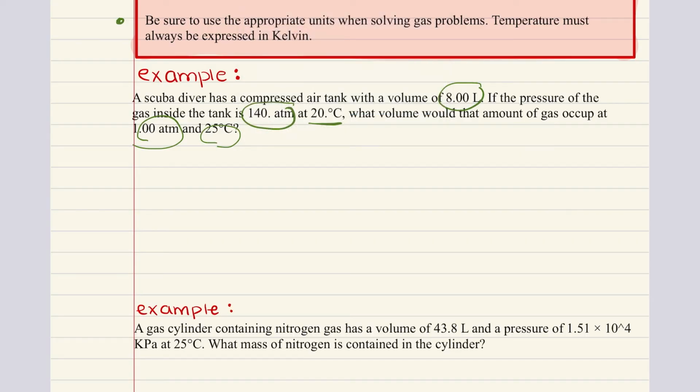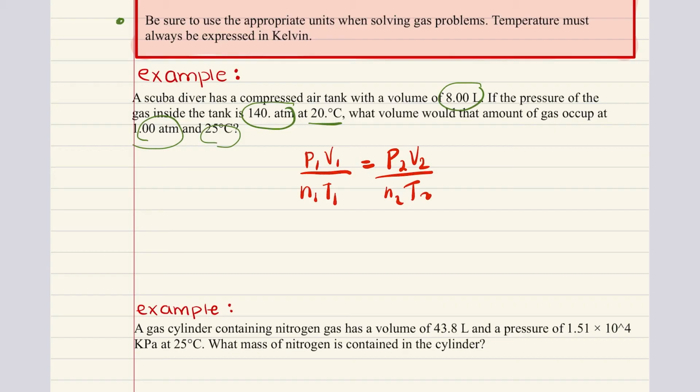And so what we're going to do is write our combined gas law and try to figure this out together. All right, our combined gas law, P1V1 over n1T1 equals P2V2 over n2T2. Then we're going to try to summarize the information that we're given.